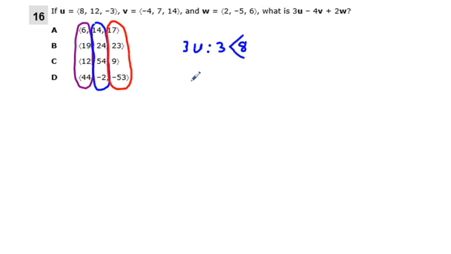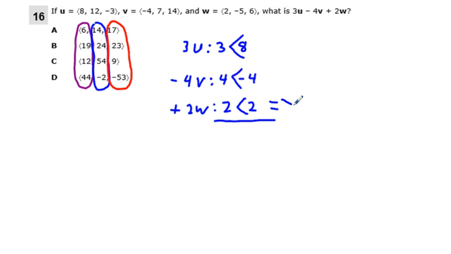And then the next thing we have is minus 4V, and that's going to be 4 times this first term here, which is going to be negative 4. And then we have finally plus 2W, and the first term in there is going to be 2. And so all we have to do is account for all these things here.